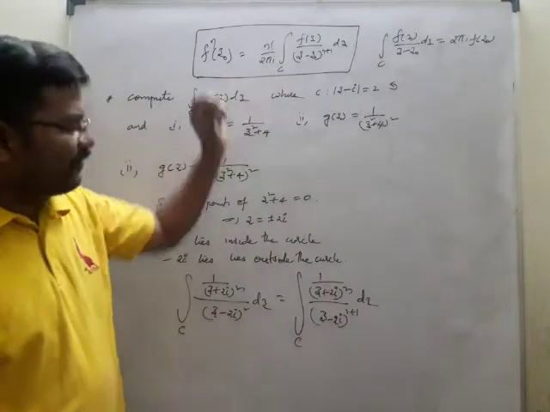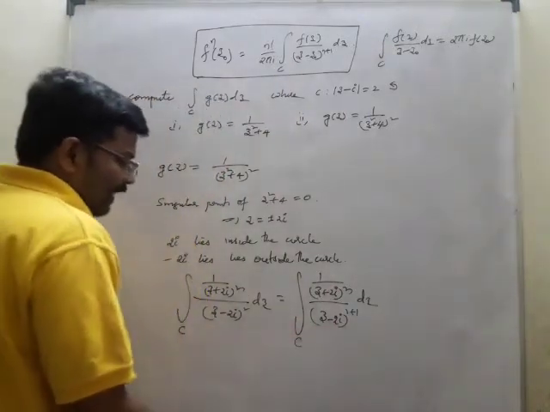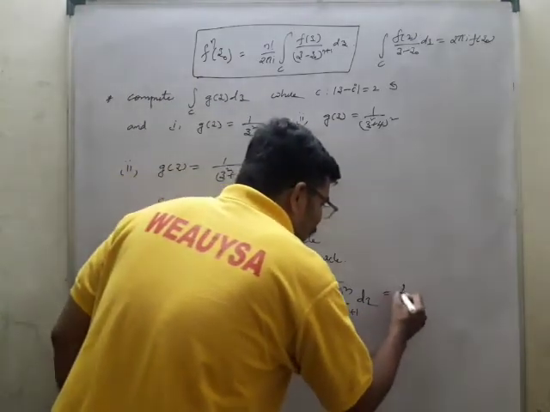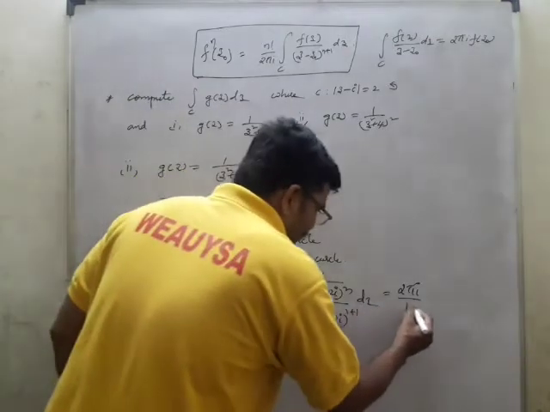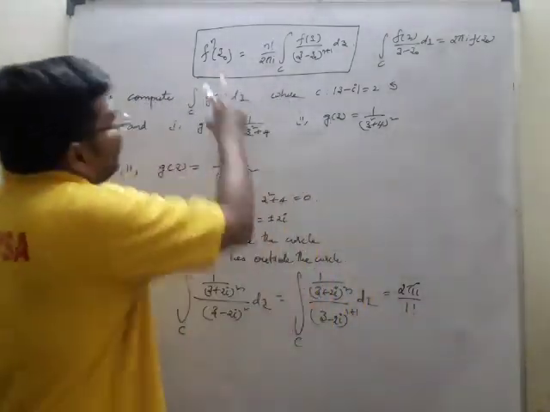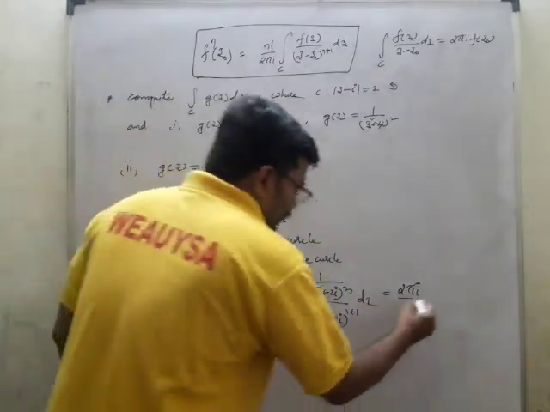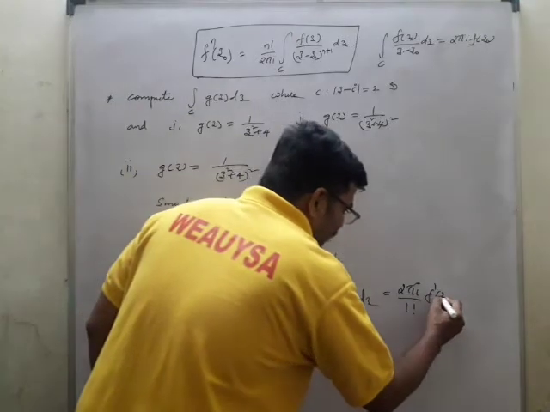So now we are using the formula. According to the formula, I may write this as 2 pi i by n factorial, and n factorial is 1 factorial, which is 1, times f dash, that is f power n, where n is 1, evaluated at 2i.